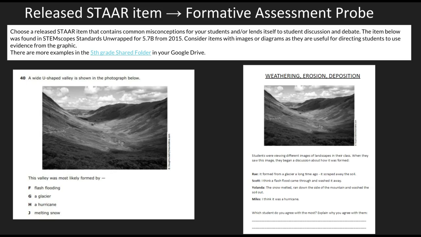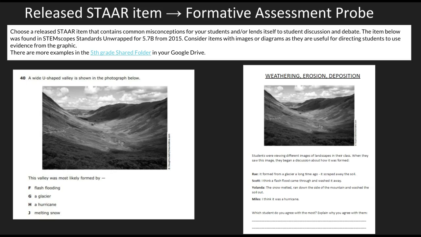So all I did was use the snipping tool to take the image and put it into a template, which you can get in the shared folder. I just gave it a title for the concept of this question, and then I just simply took the meat of the idea of the question and I put it into a little narrative. So I said students were viewing different images of landscapes in their class.